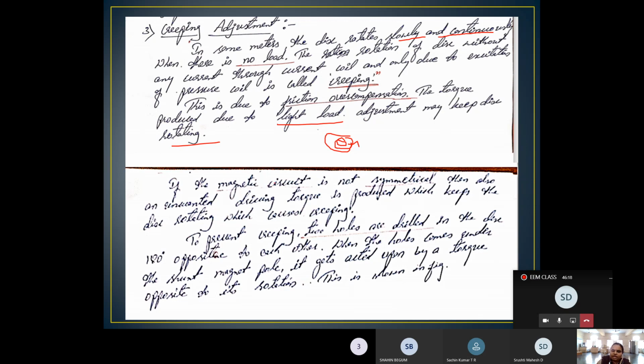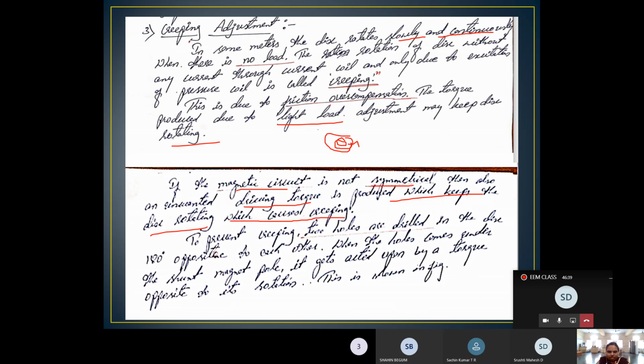Next, if the magnetic circuit is not symmetrical, then also an unwanted driving torque is produced which keeps the disc rotating, which causes the creeping.